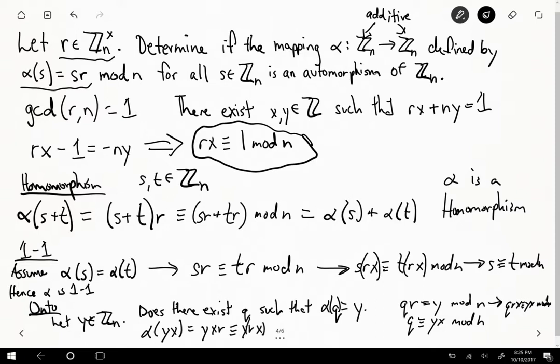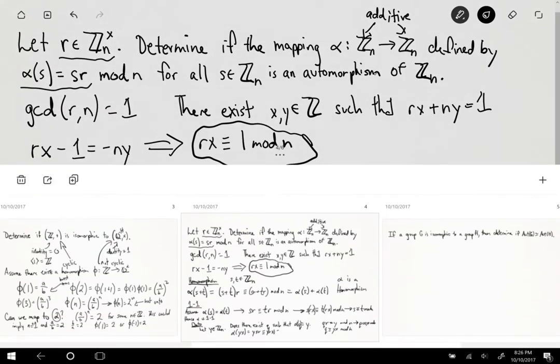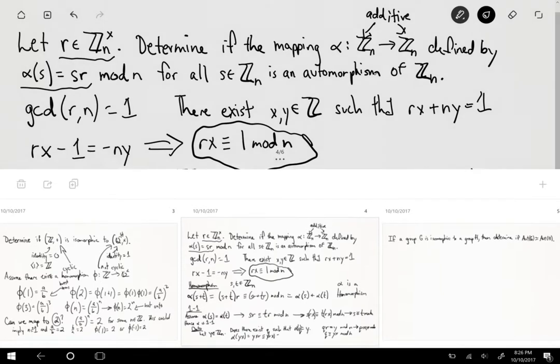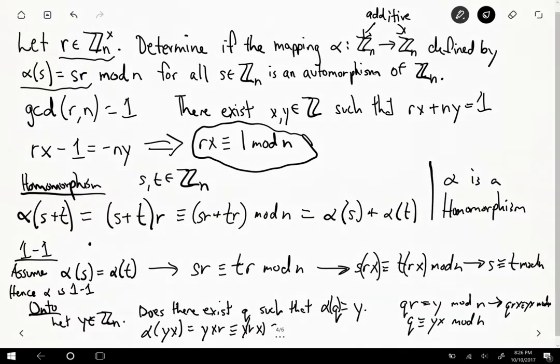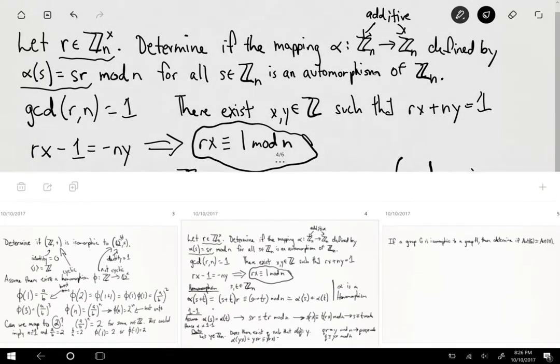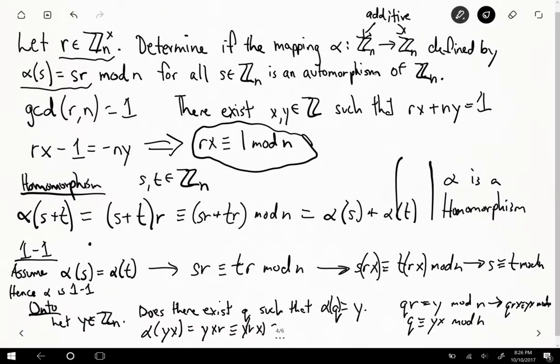We really don't need that extra step because we do know it's abelian, but I'm just trying to emphasize that. And we know rx is equivalent to 1, so this is equivalent, sorry about that, to y mod n. So alpha is onto.